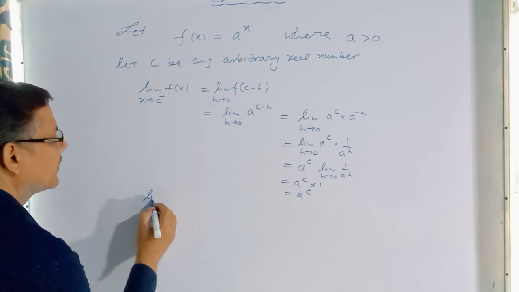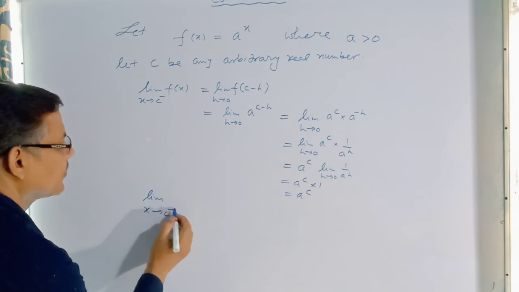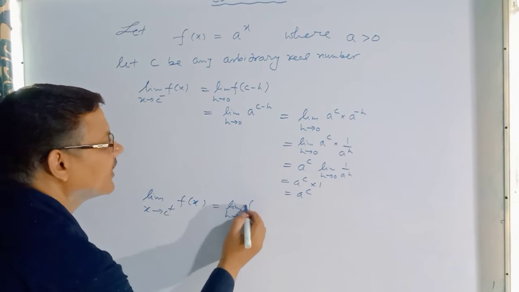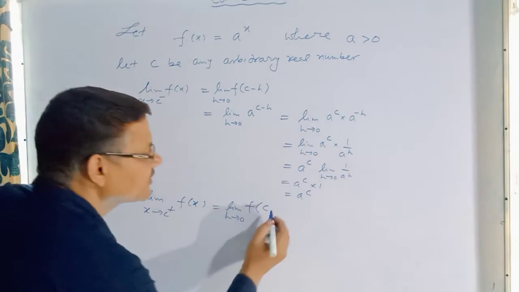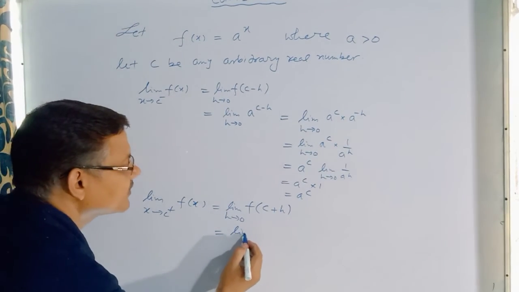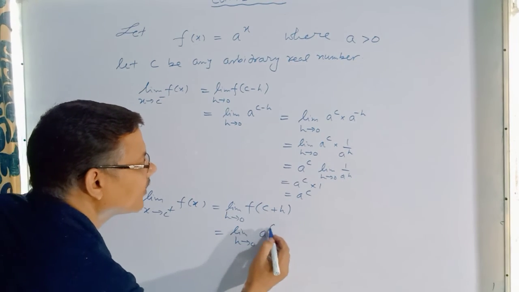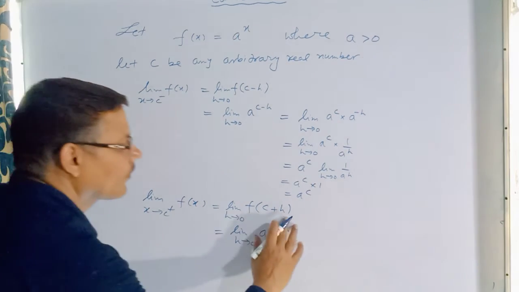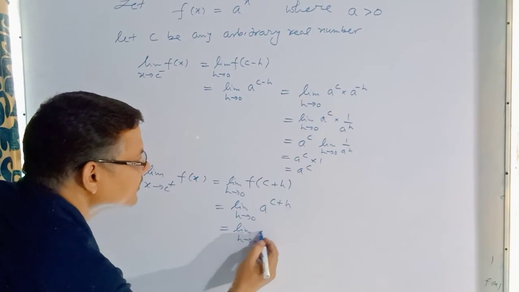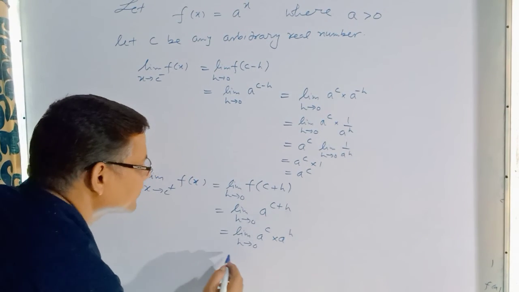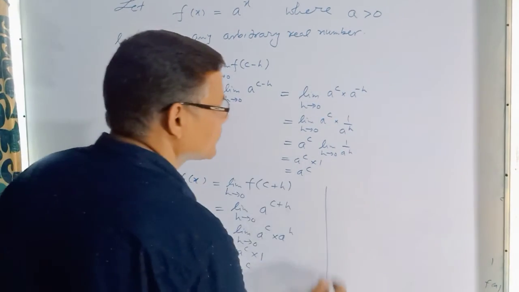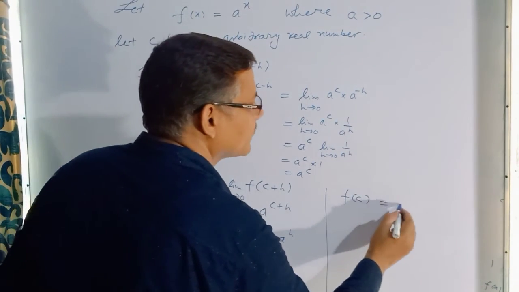Similarly, the limit as x tends to c from the right of f(x) is equal to the limit as h tends to 0 of f(c + h), which is the limit as h tends to 0 of a^(c + h). It is equal to the limit of a^c times a^h, which equals a^c times 1, equal to a^c. Also, f(c) is equal to a^c.